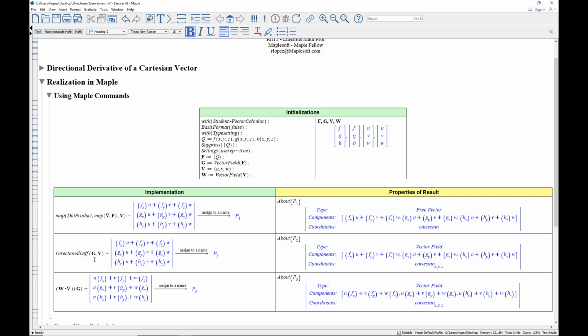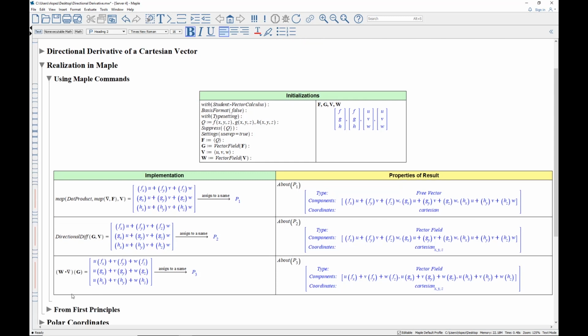If you do it with the DirectionalDiff command, this is a vector field. This is just a free vector, but you get a vector field that looks correct. You can even write w.del and apply that to G. Now here you have a vector field, and this is a vector field. It comes out looking correct, and it's a vector field.